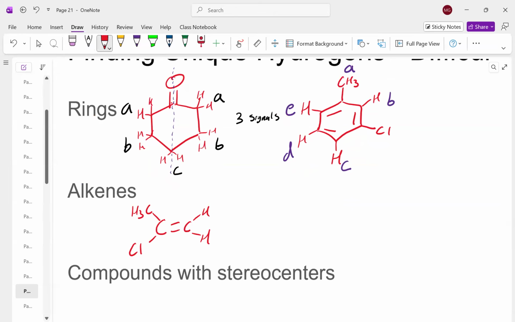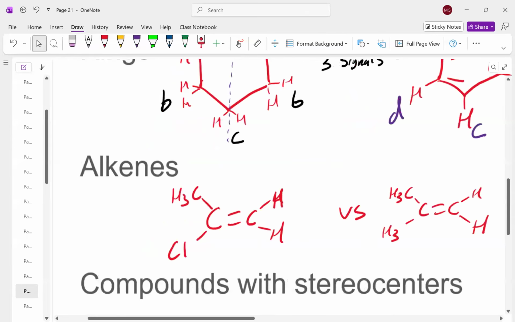You have to break your model kit in order to get that to rotate. So the effect of that is that sometimes you can have hydrogens on the same carbon that are not equivalent to each other. And I want you to look at this one on the left here.